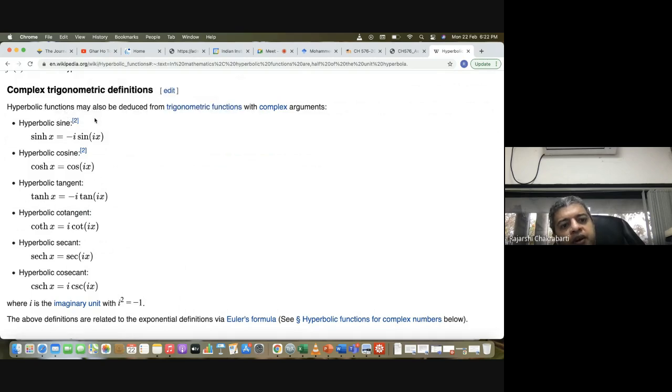So basically hyperbolic functions may also be deduced from trigonometric functions with complex arguments. Everybody should know this. These simple formulae you should remember actually.